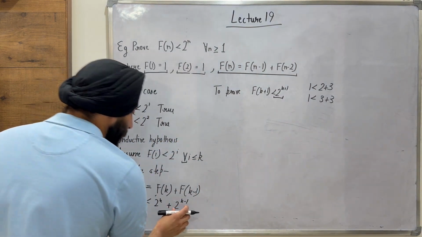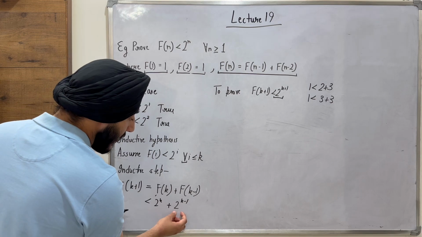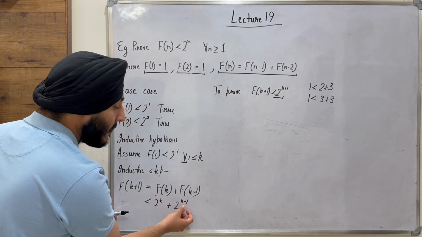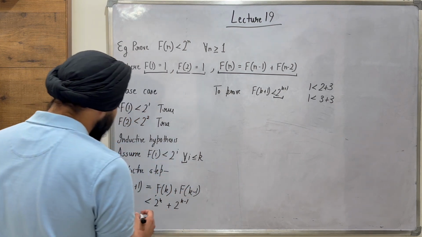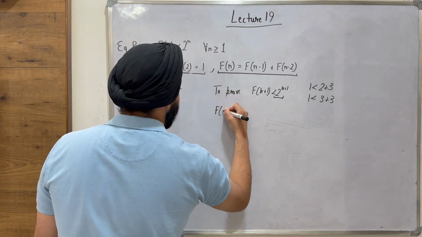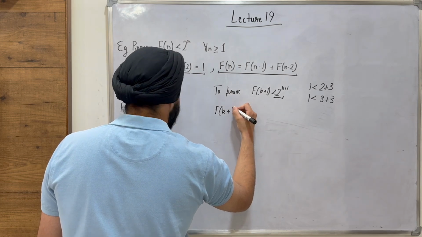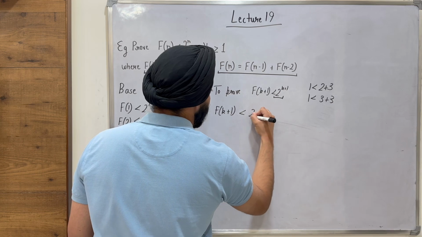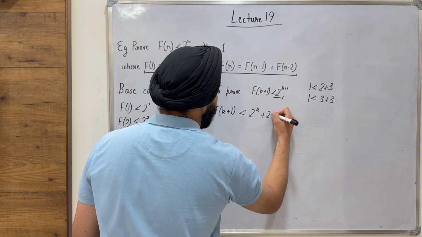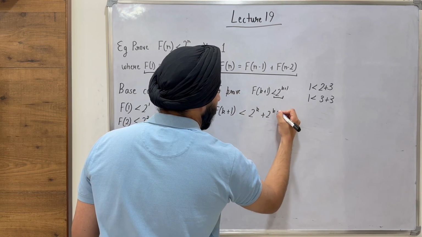So let's take a look at this equation. What if I replace 2 to the power of k minus 1 with 2 to the power of k? So f of k plus 1 is less than 2 to the power of k plus 2 to the power of k minus 1.